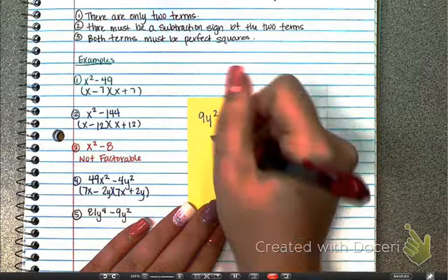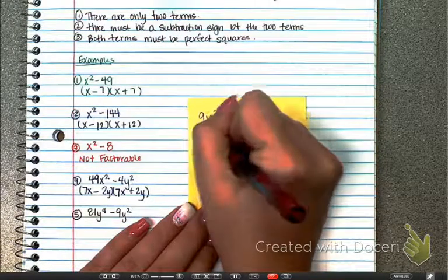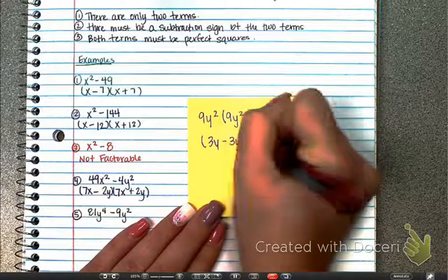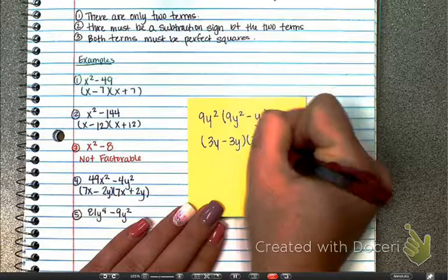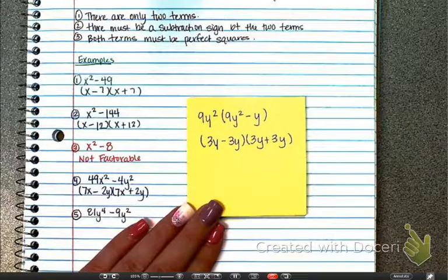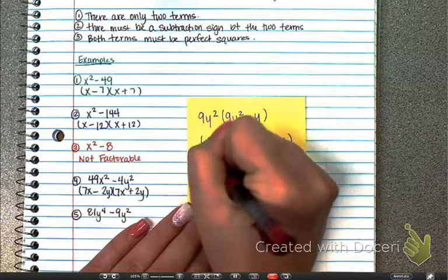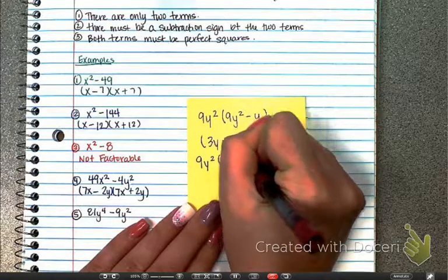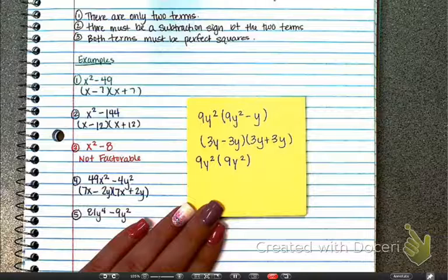Carlos? I got in parentheses 3y minus 3y, and then parentheses again 3y plus 3y. Someone get something different than that? That's 9y squared times in parentheses 9y squared. So it would be 6y.